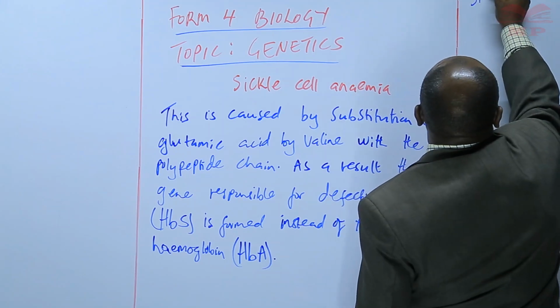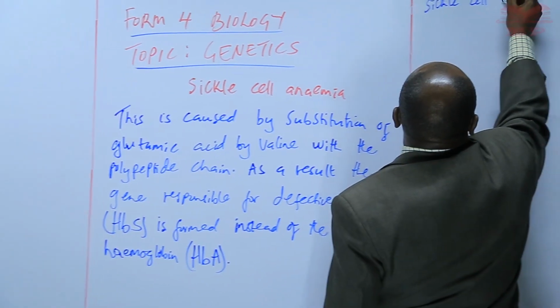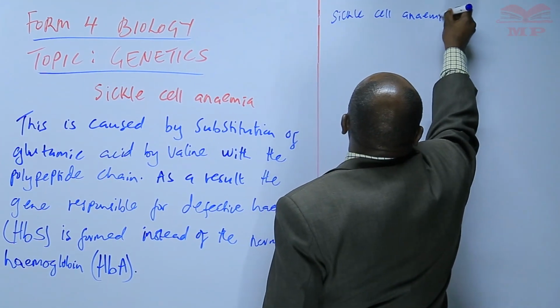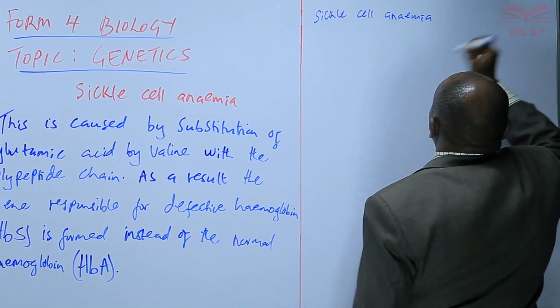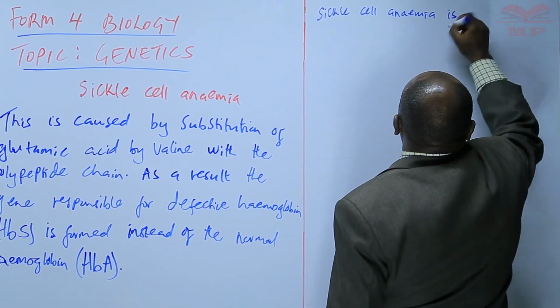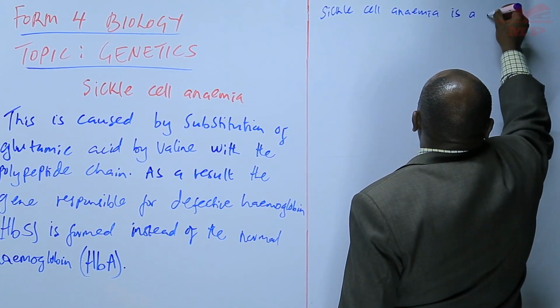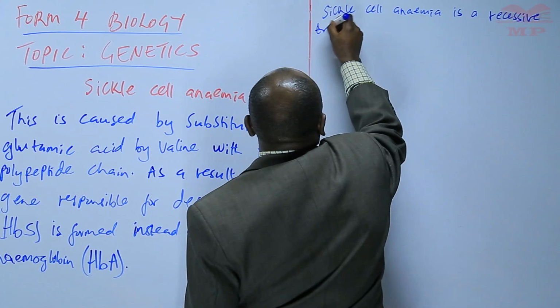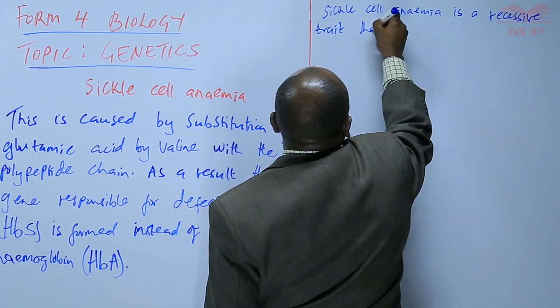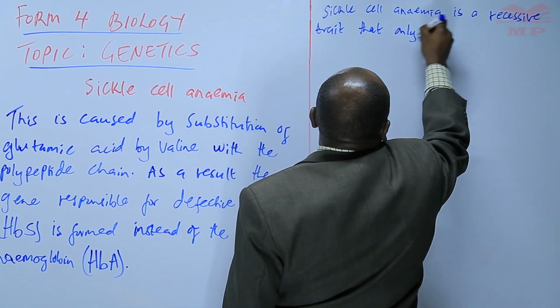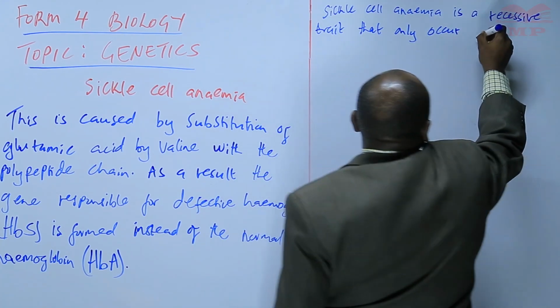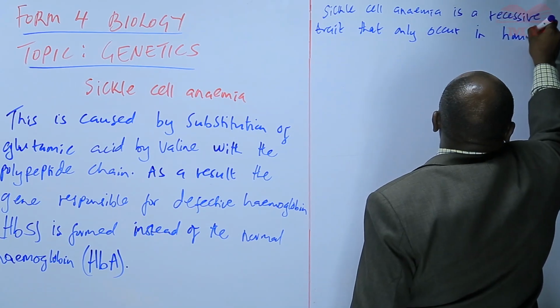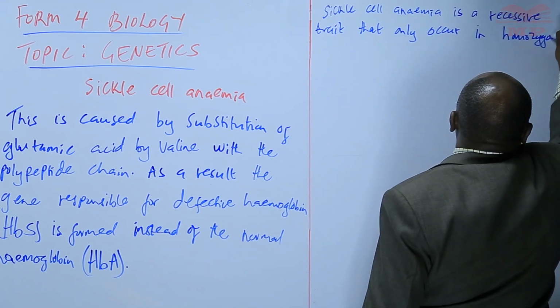So sickle cell anemia is a recessive trait that only occurs in homozygous state.